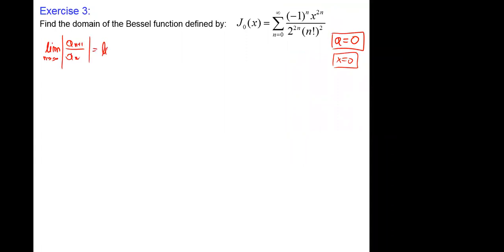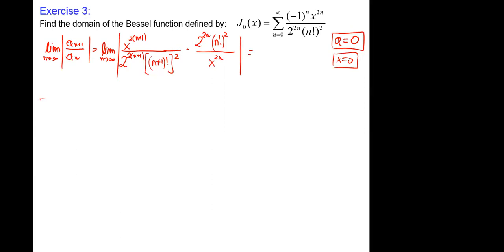Let's see if I can do my ratio test really quickly. We will try to add 1. Since it's absolute value, I will remove the negative sign because absolute value will make everything positive. That means I'm not focusing on that part. x to the power of 2n plus 2, over 2 to the power of 2n plus 2 and n plus 1 factorial, and it is squared, times the reciprocal, 2 to the 2n, n factorial squared, over x to the power of 2n.